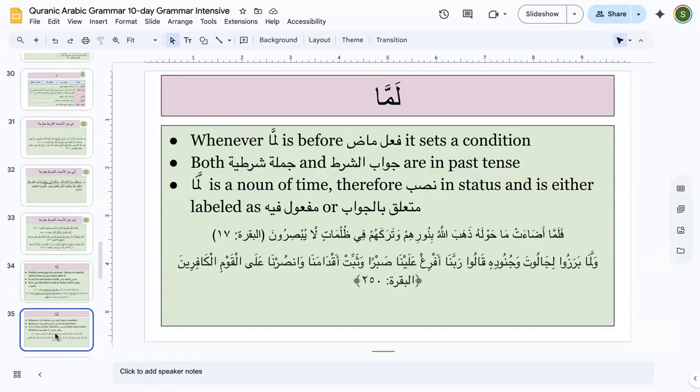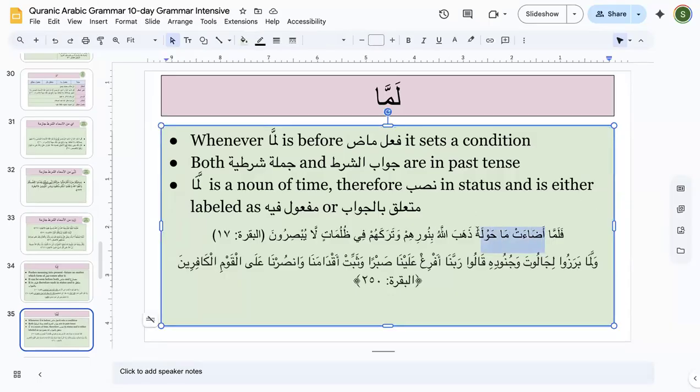Zarfiya, it is a tool of condition that has to do with time. Its jawab is always going to be past tense. Falamma adaat ma hawlahu, so when it lit what is around it, dhahab Allahu bi nurihi, Allah took away their light. Its jawab is also always a past tense. Keep that in mind.